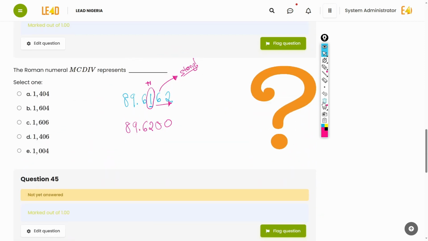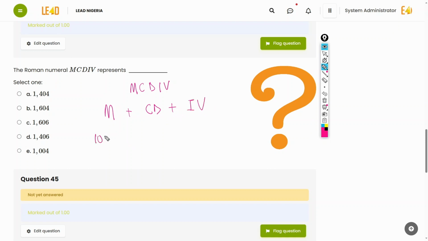The Roman numeral MCDIV represents, okay, MCDIV. So we need to break it down into thousands if we have them, hundreds if we have them, tens if we have them, and units if we have them. The only way that works is if I have M plus CD plus IV.